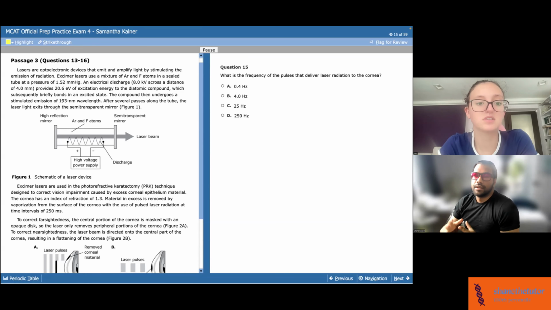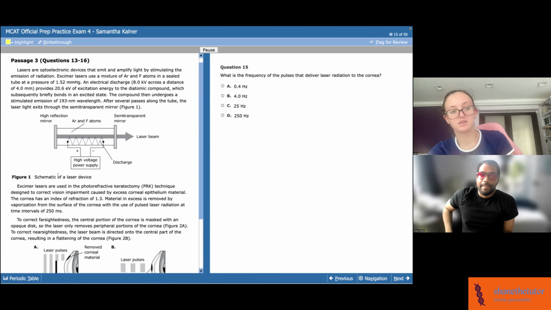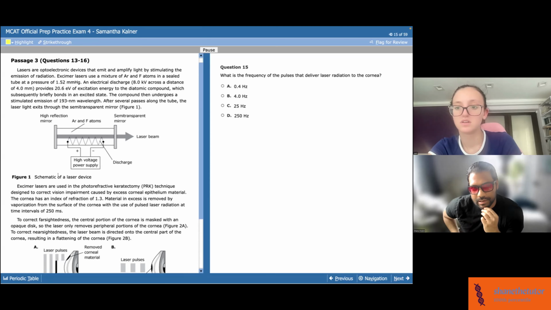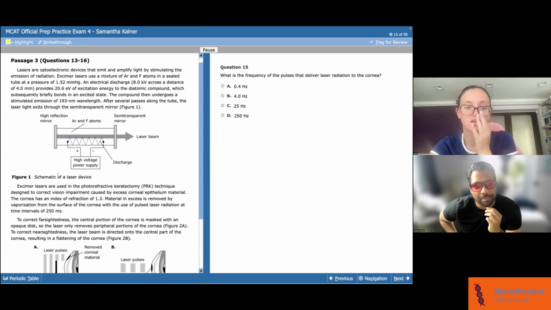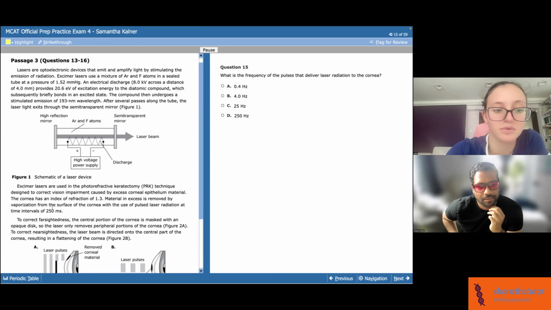This is a tricky question because it's not exactly asking us what the frequency of the light is. It's just asking the frequency of the pulses. This is the time interval of the pulses.